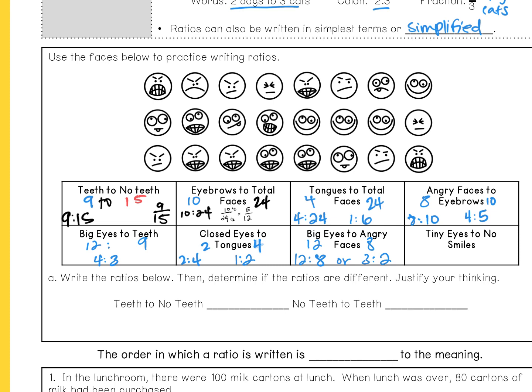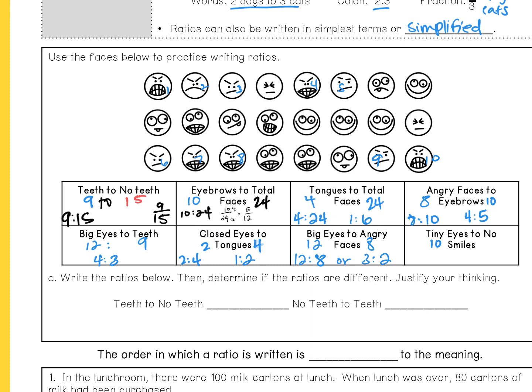And now I want to find the ratio of tiny eyes to no smiles. So I know that I have 1, 2, 3, 4, 5, 6, 7, 8, 9, and 10 faces with tiny eyes. And I'm going to count my no smiles.